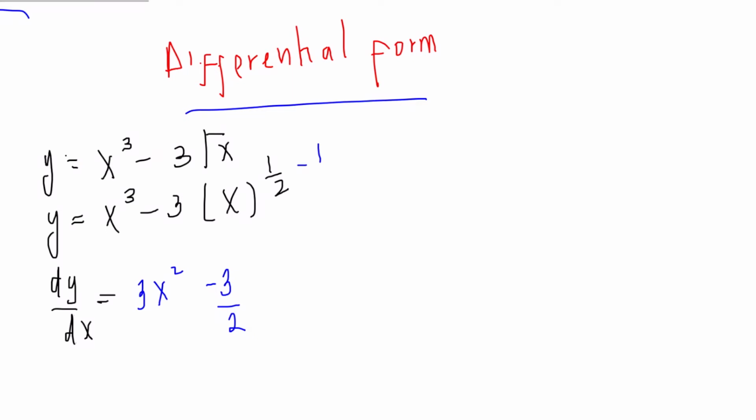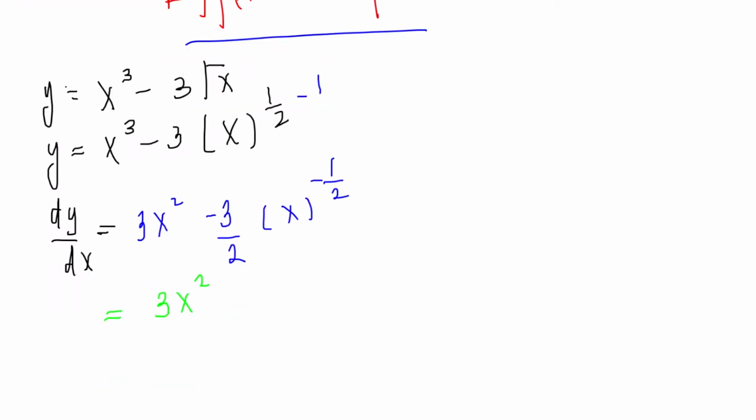Okay, so it's going to be 3 over 2 times x raised to power negative a half, because a half minus 1 gives us negative a half. Okay, so we could as well write this in this format, which is 3x squared minus 3 over 2 square root of x.